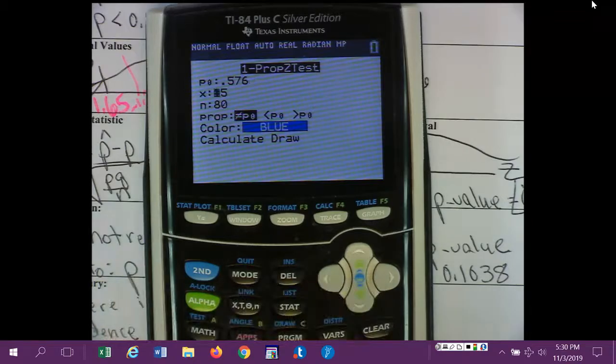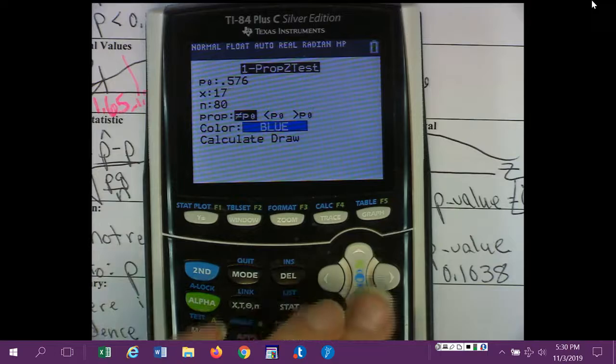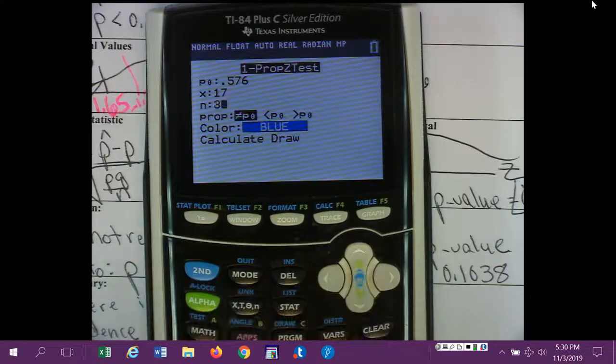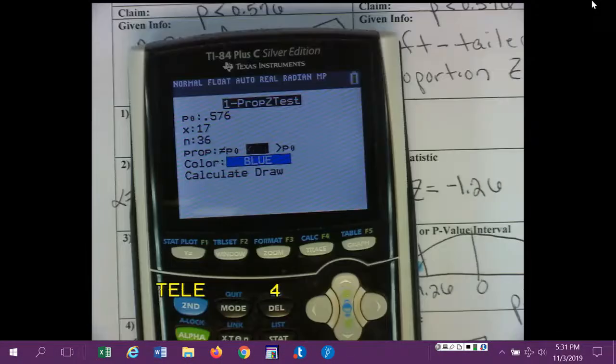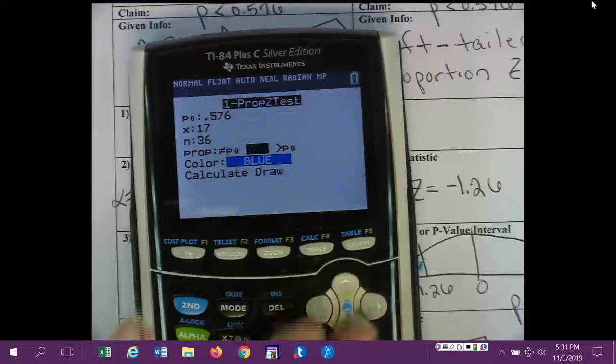He takes 36 injuries and 17 occurred during practice. And this was a left tail because the alternative statement is less than. So I want to arrow to the middle and press enter to say it's a left tail proportion z-test, and then calculate.